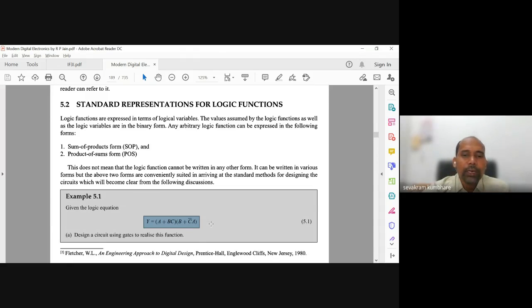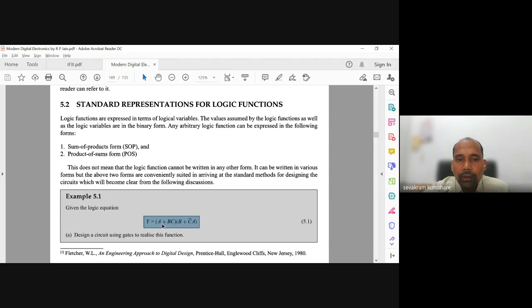Okay, so this is basically a product of sum, not sum of product. Why? What I said is that product of sum means you have to take the sum first and then the product. So if you observe this equation, first of all the sum is taken, then it is put in brackets and then multiplied.